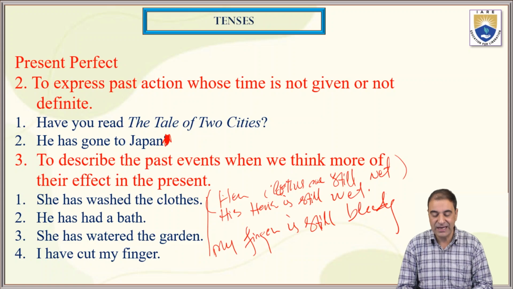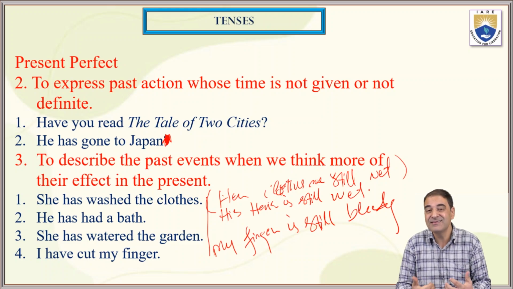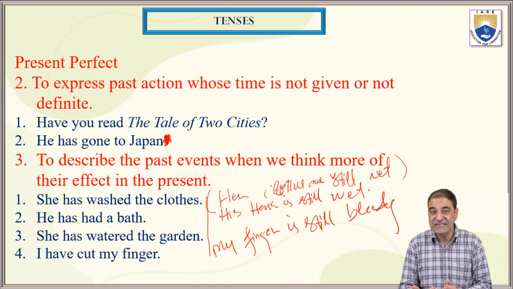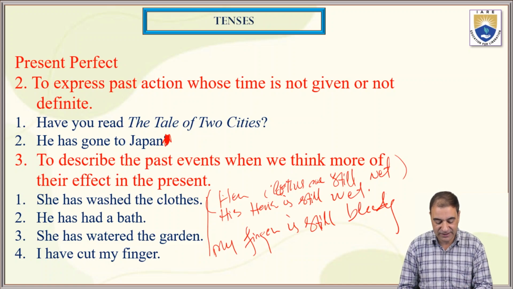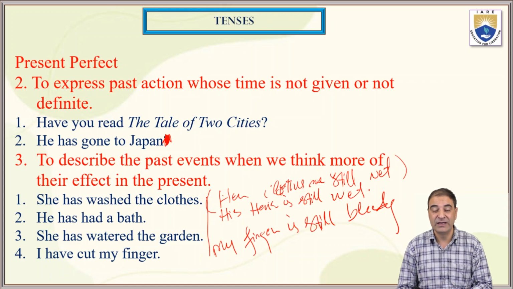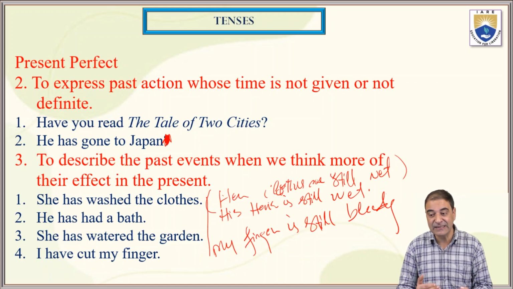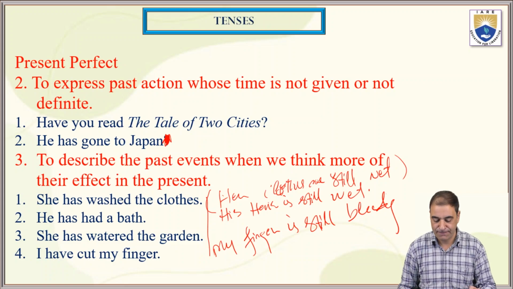And the second one, he has had a bath. When I say he has had a bath, it means it is something which he has done in the past, but its effect is still felt in present. And what's that effect? That effect is his hair is still wet. That means at present his hair is wet. Or for that matter, I have cut my finger. When I say I have cut my finger, it means I cut my finger in past, but its effect is still felt in present. That is, it is still bleeding.